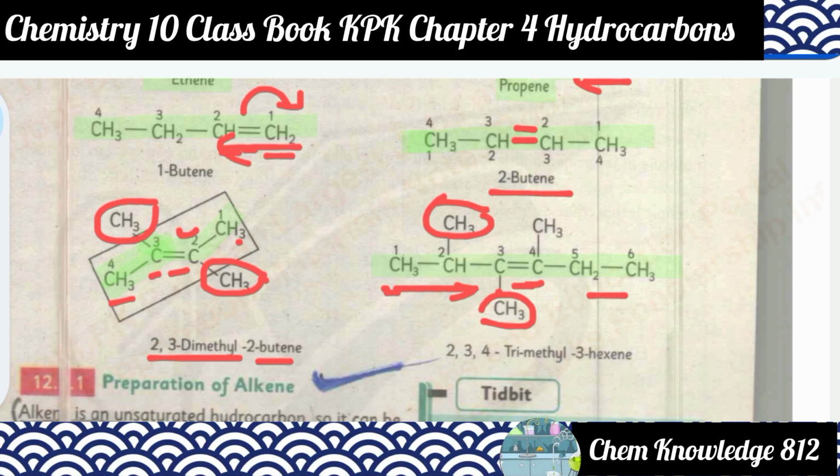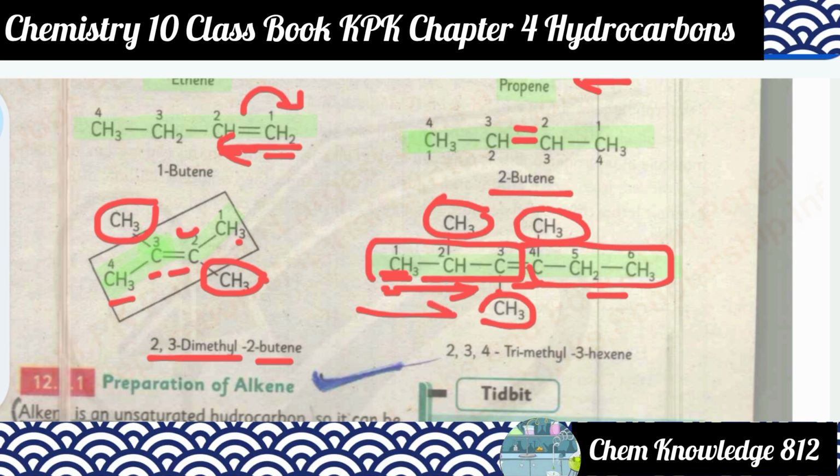And the second methyl group is on the carbon number 3. So you can say the 3 carbons, if you start from left, have 2 methyl groups, while these 3 carbons have only 1 methyl group attached. So we will start from the left to right due to more number of substituents attached.